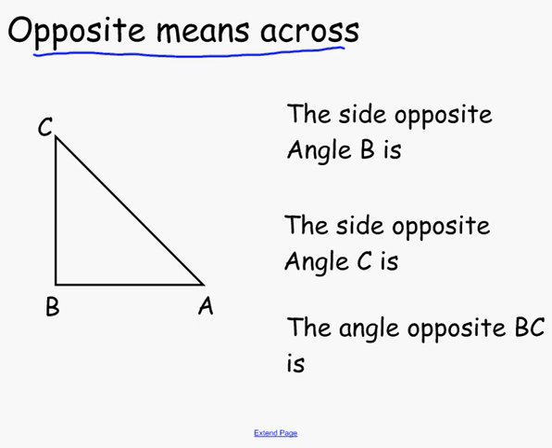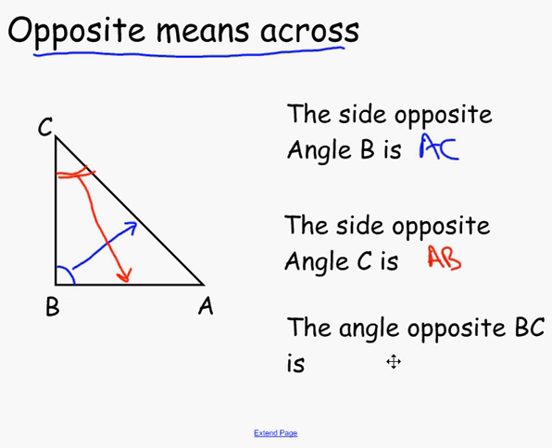Opposite means across. So the side opposite angle B, so here's angle B, the side opposite from it, across from it, is AC. The side opposite angle C, so here is angle C, and the side opposite from it, across from it, is AB.